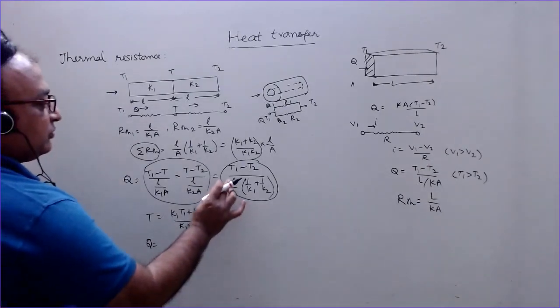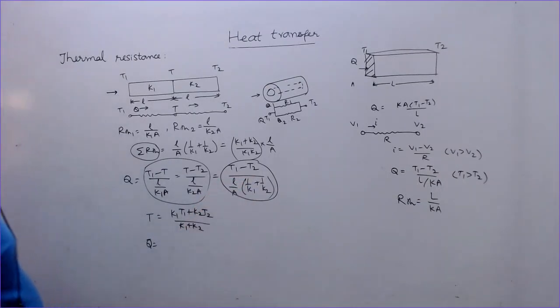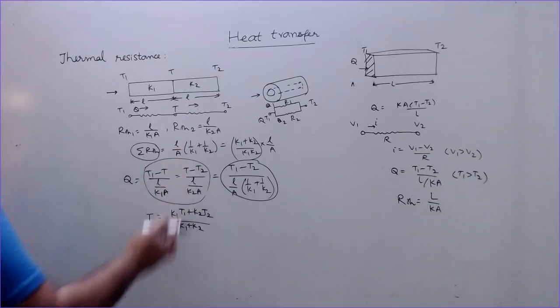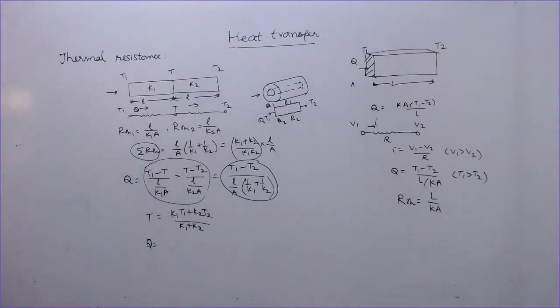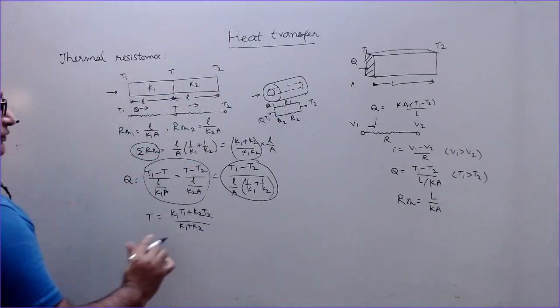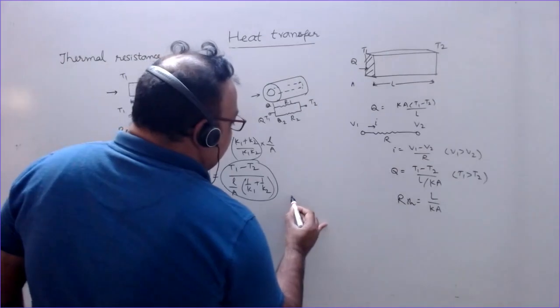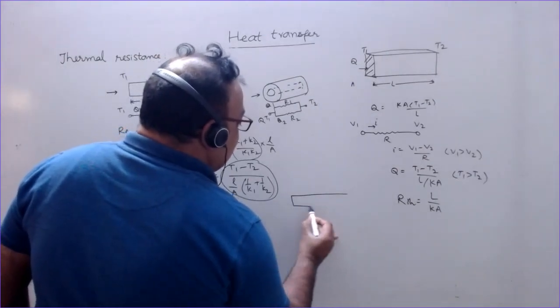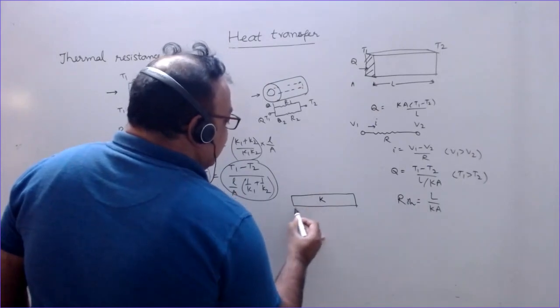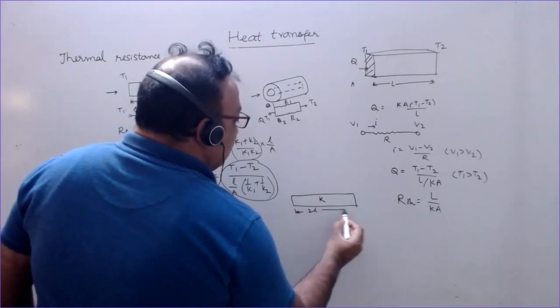Now here one thing you should note down. The total thermal resistance I have summed up is L by K1A plus L by K2A. Now suppose in place of these two bars, I take a single bar of same cross section and its thermal conductivity is K, the length is 2L.